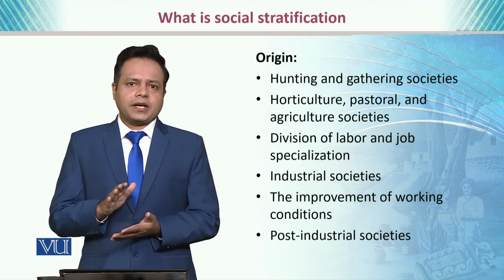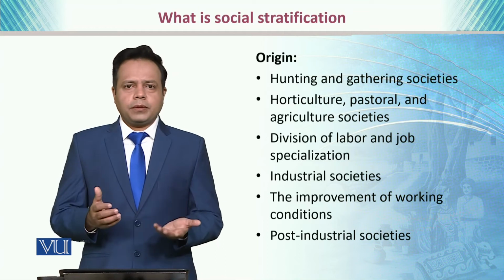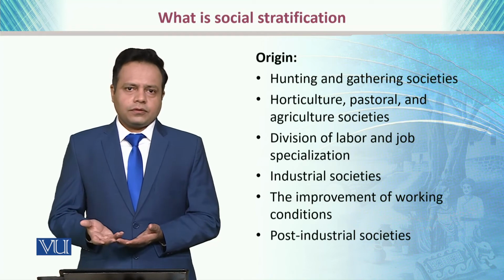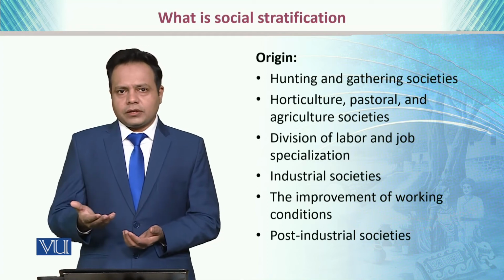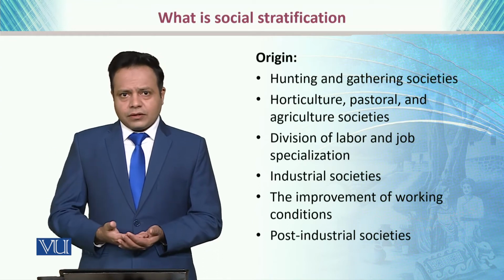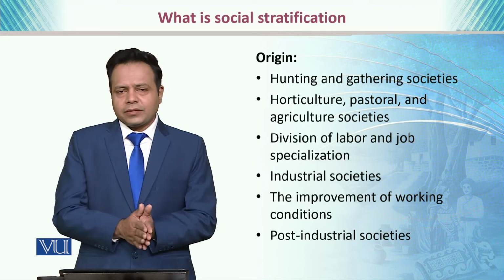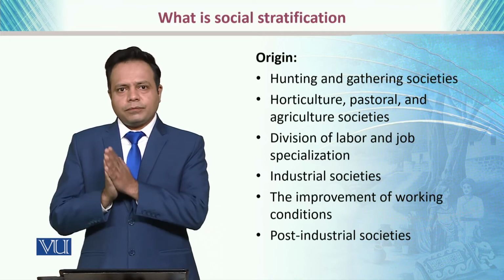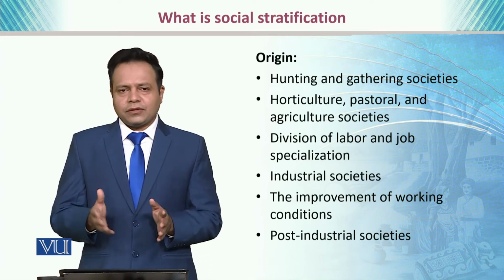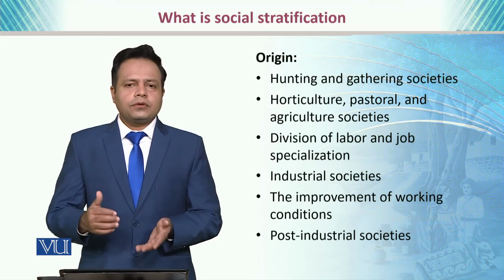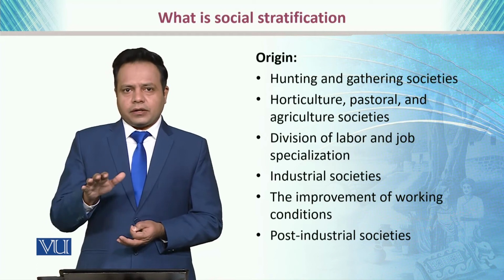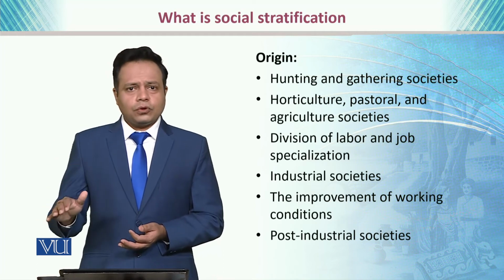For example, in an agricultural society, you will find people playing the role of peasants as compared to landlords. Landlords enjoy a higher status than their peasants. In industrial societies, you find the working class and the class of businessmen, those who have the means of production, and those who are mere laborers. Those in labor are ranked lower as compared to those who own the means of production.